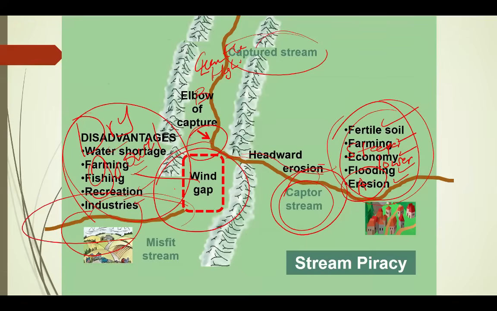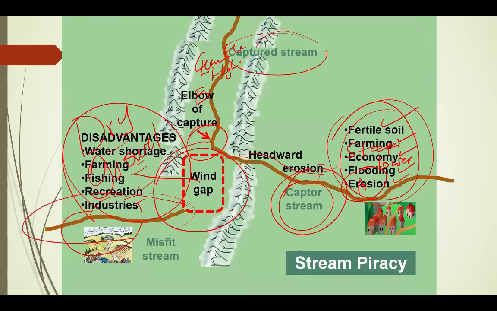So you must be able to respond to what will happen to the people that are living downstream or what will happen to the streams themselves. The stream that has captured more water is going to have more water. The volume of water increases. The speed of water increases.